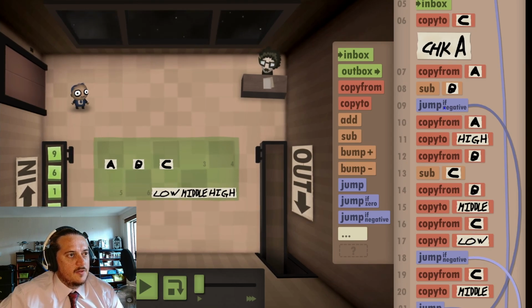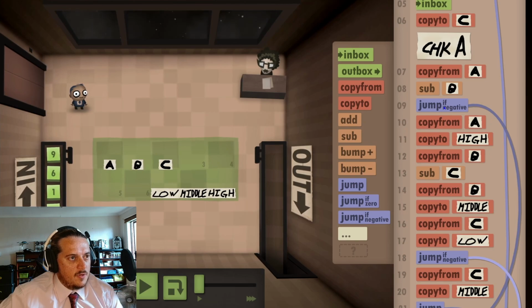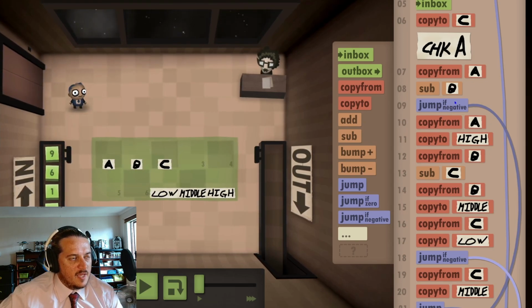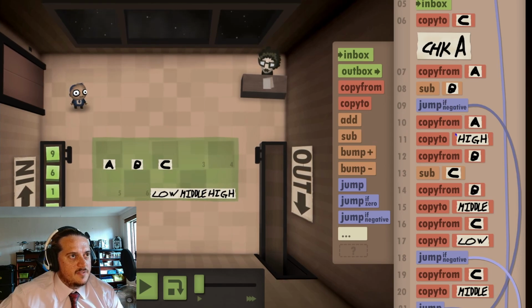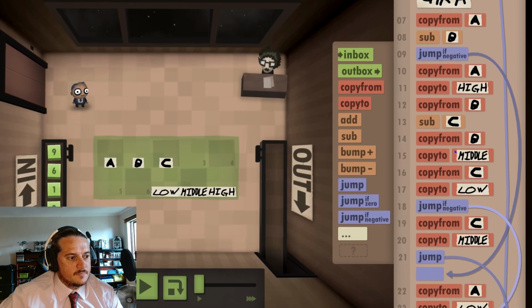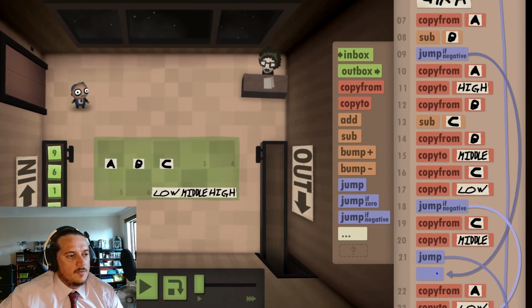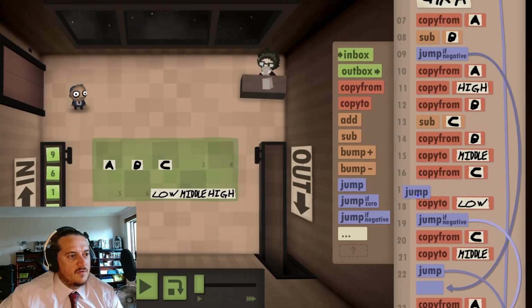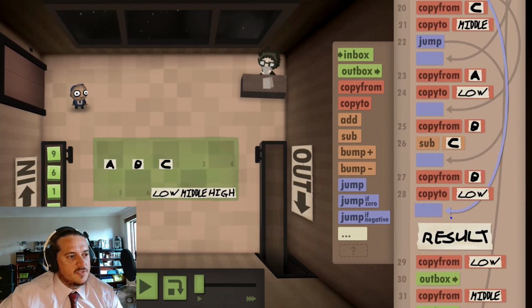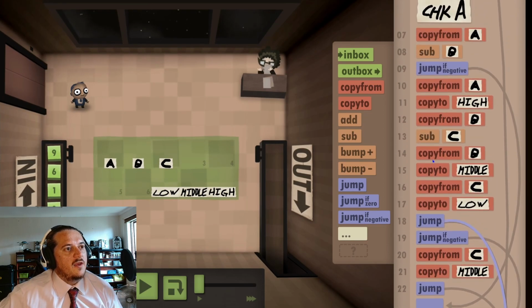Okay, so that gives me my first positive check, right? So then if A minus B is negative, then it means that A is low. So then we jump to top, right? Yes. Now we do the check.